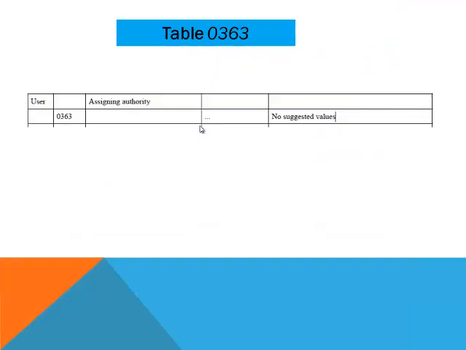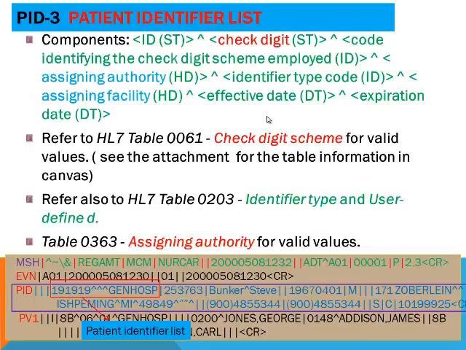In fact, there are no suggested values. That means you can use any number you like to put there. So this is the PID, patient identification segment, just used to identify the patient.